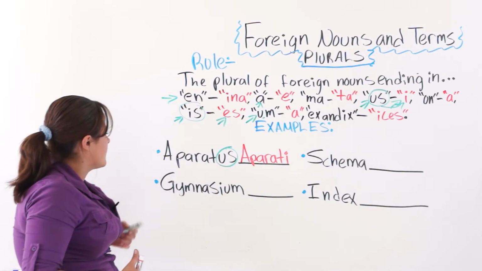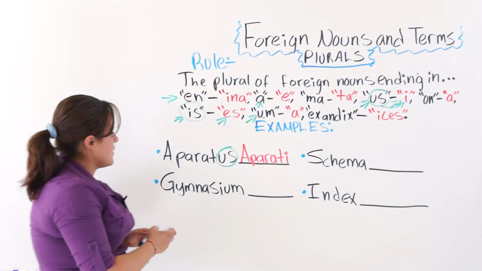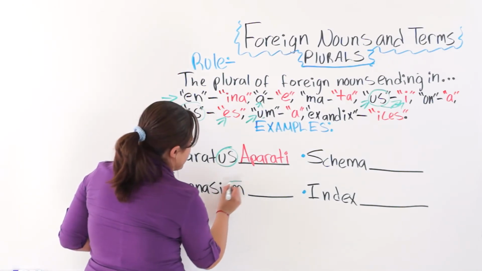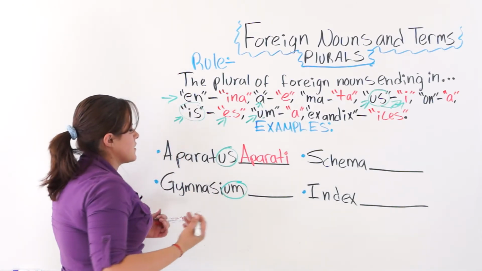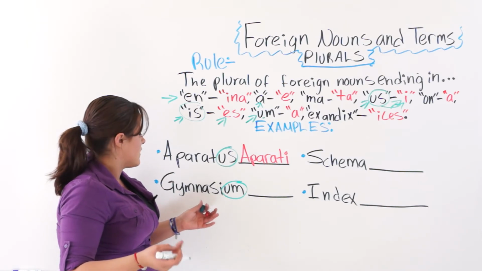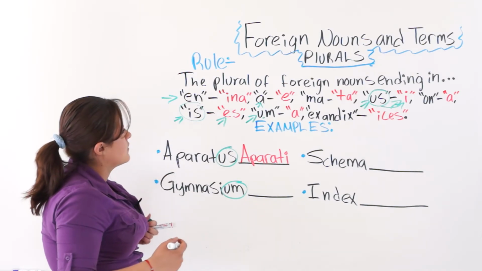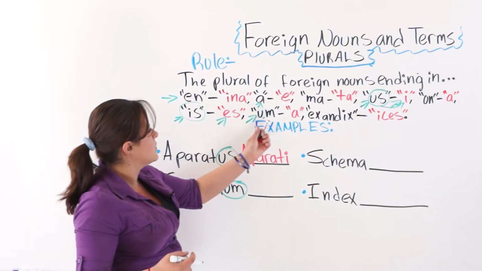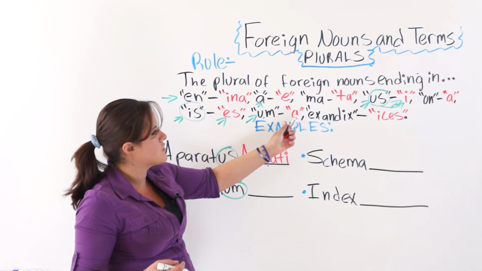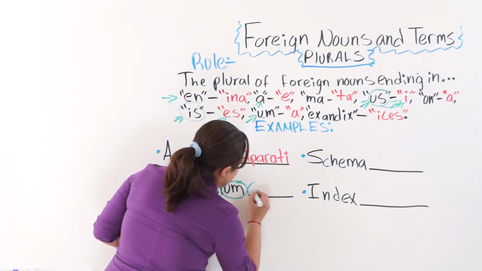The next one is gymnasium. You can see it ends in UM. So you will be thinking, okay, this is a foreign noun that ends with a U and an M. So the rule says that when it ends with a U and M, I will exchange it for an A. So I will say gymnasia.